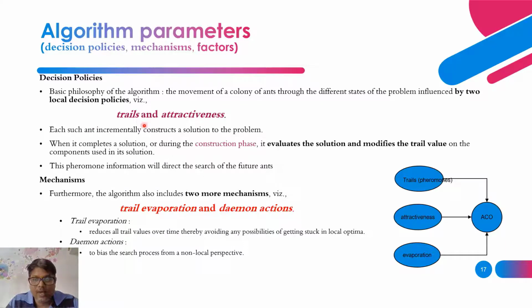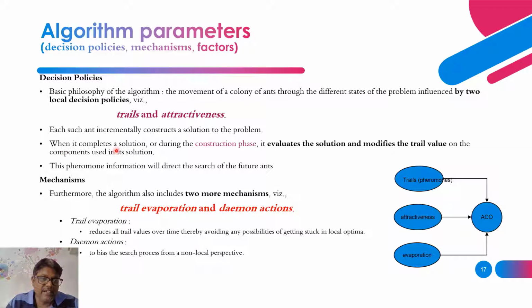Trails are nothing but the level of trail, or trail parameter, or otherwise we can call it pheromones. Once the trail pheromones are deposited, each ant incrementally constructs a solution to the problem. So they may try to deposit more trail and make it more attractive.